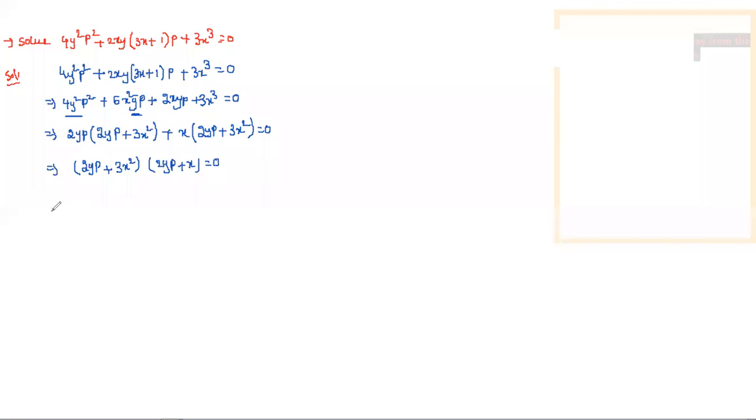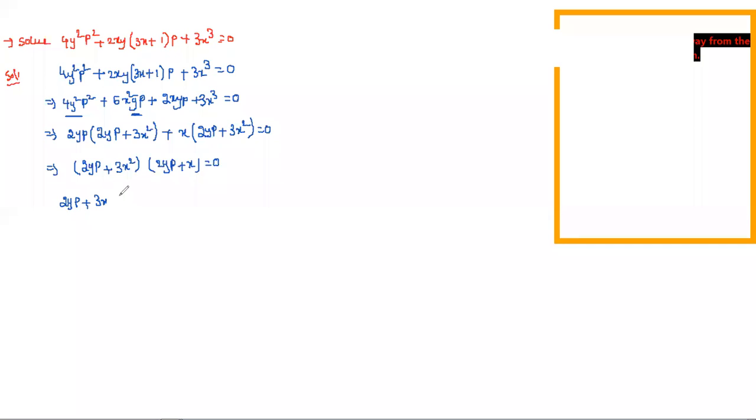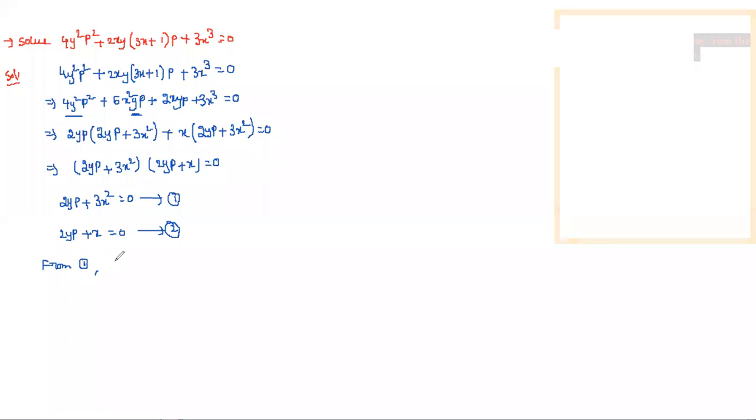Now by the null factor law we have to split this into two equations. What are those? 2yP plus 3x square is equal to 0. Let me take it as 1. And the next one, 2yP plus x is equal to 0. Let me take it as 2. So now we have to find the solutions for these differential equations. So for that I am taking the first equation, equation 1.